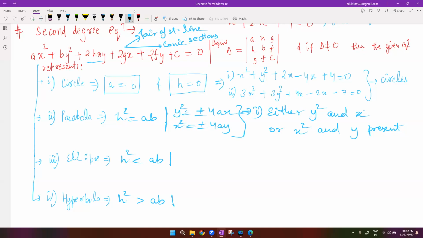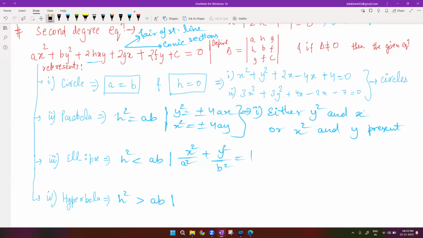Similarly, for ellipse, we have these equations: x square upon a square plus y square upon b square is equal to 1, or it can be written as x square upon b square plus y square upon a square is equal to 1, right? So these a and b are constants.